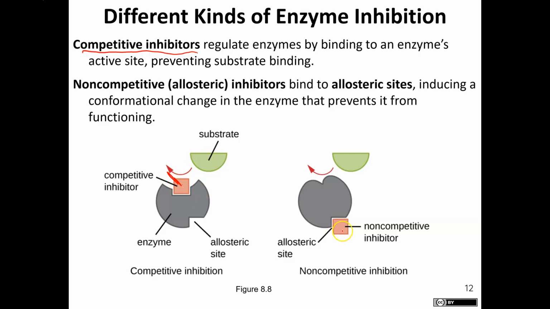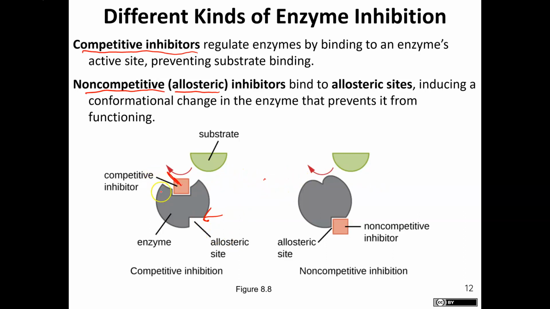Over here, we have non-competitive inhibition. Non-competitive inhibition also is known as allosteric inhibition. In this case, there's another region on the enzyme that we haven't talked about. It's called an allosteric site. And so you can see it right here. The allosteric region is where another molecule can bind. And when it binds, it changes the shape of the active site.